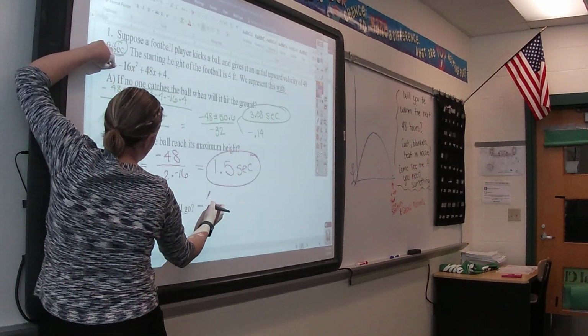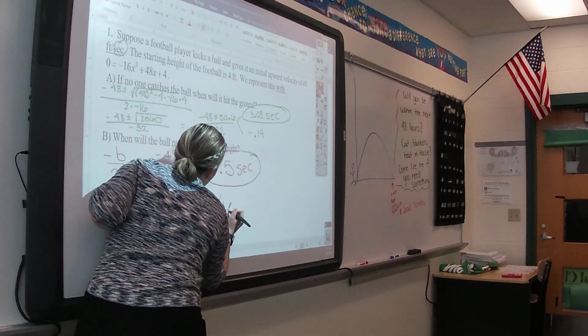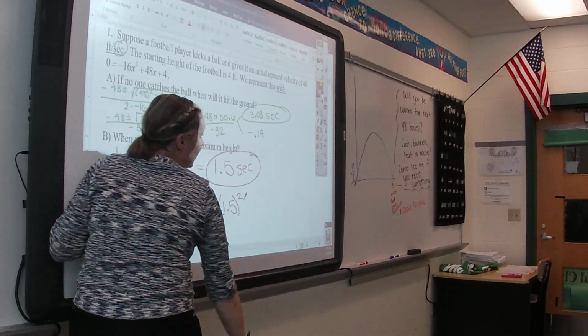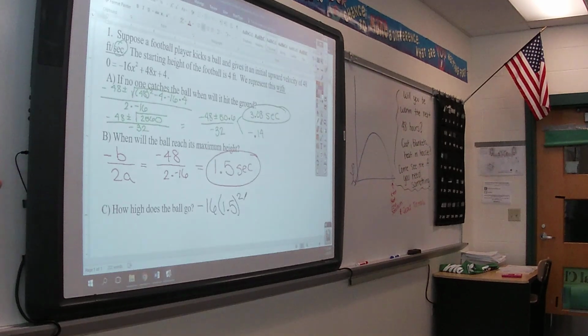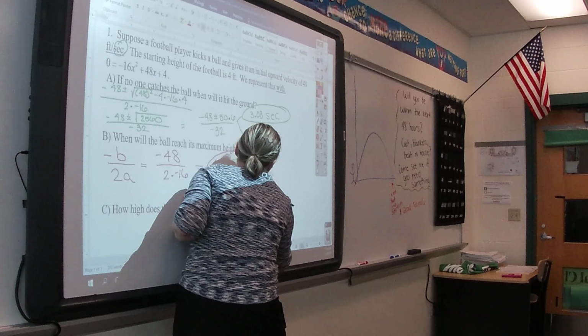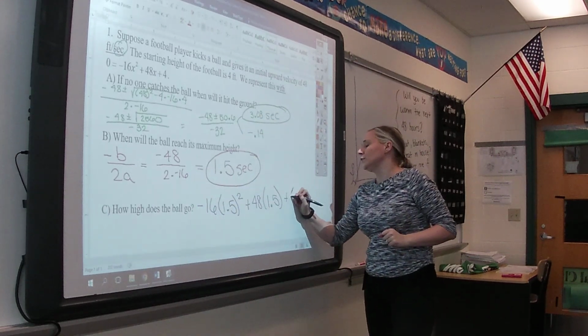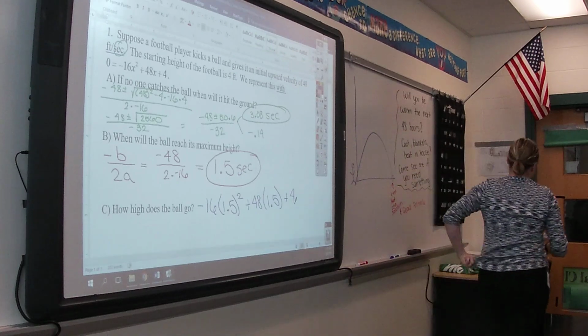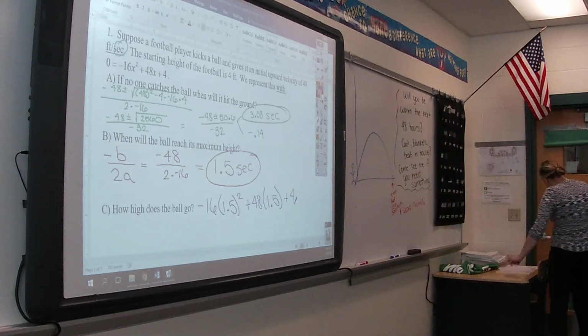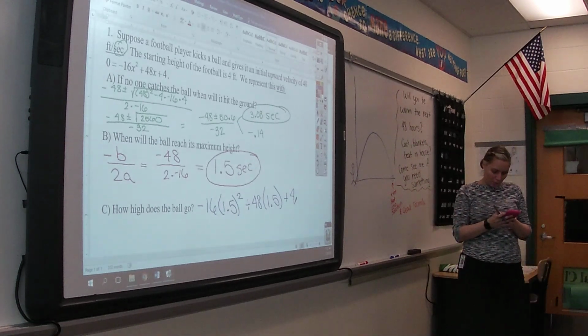So we'll say negative 16, and then in parentheses 1.5 squared plus 48 times 1.5. So again, just comes back to the calculator.